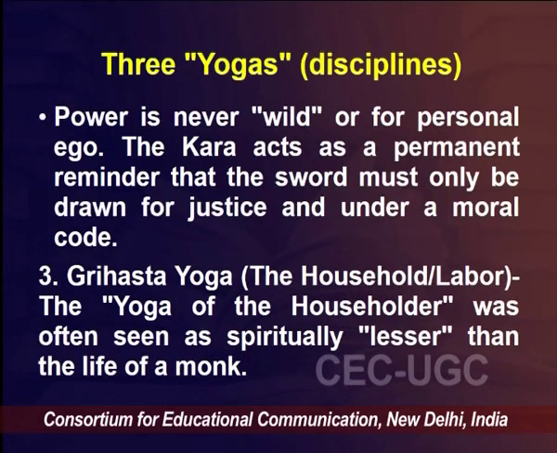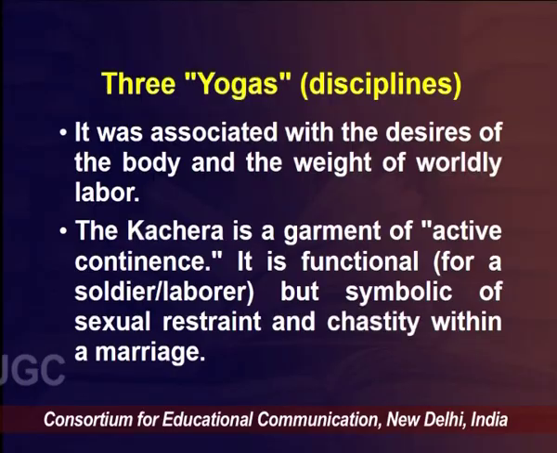So, the household and the ascetic duality was associated with the desire of the body and the weight of worldly labor. Here the third binary, which is the kachera and the unstated part, will help us to understand that the kachera is a garment of active continence. It is functional for a soldier or a laborer, but symbolic of sexual restraint and chastity within a marriage.